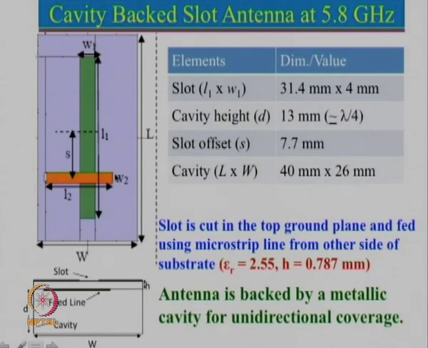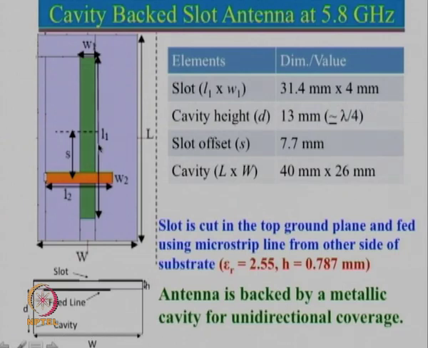This is a microstrip line feed, and this microstrip line feed is then fed by a coaxial probe. So, the ground plane of the coaxial probe will be connected on the top side, and then the center pin will be soldered to this here. This has a lot of different parameters which we will look into one by one, and this is backed by a cavity.